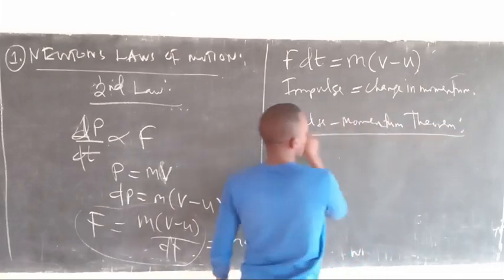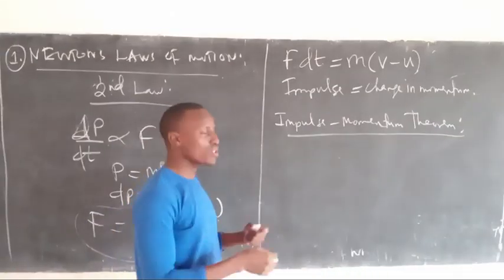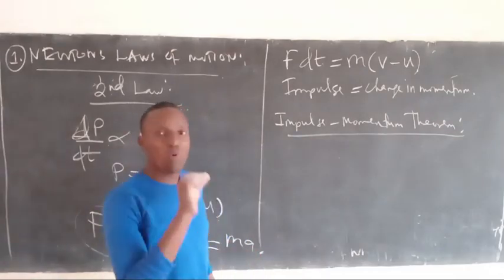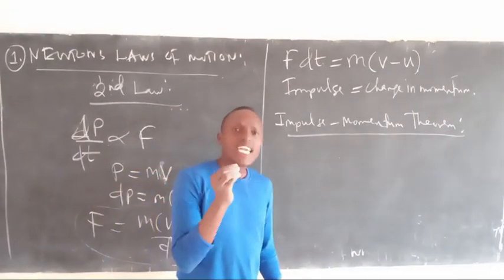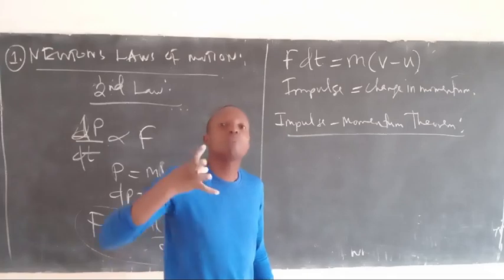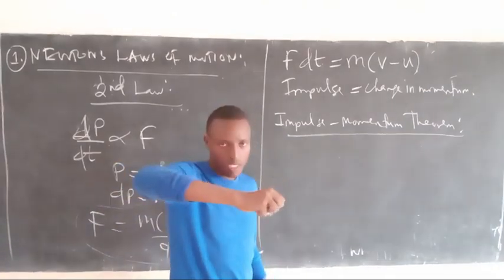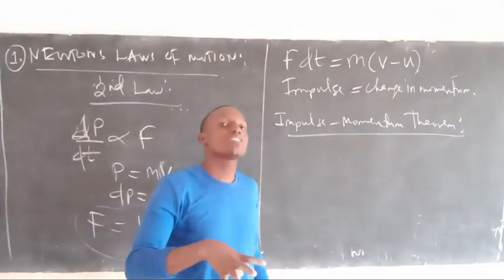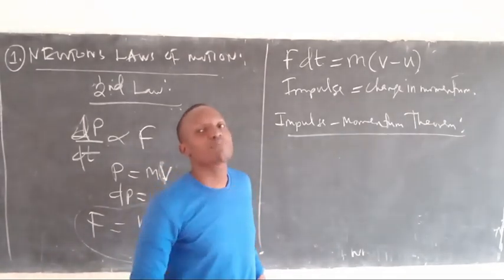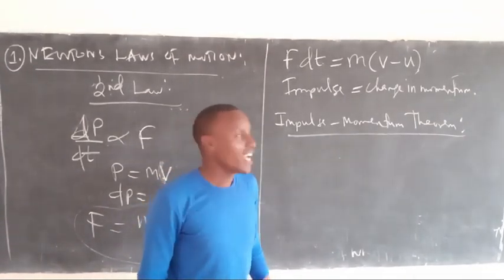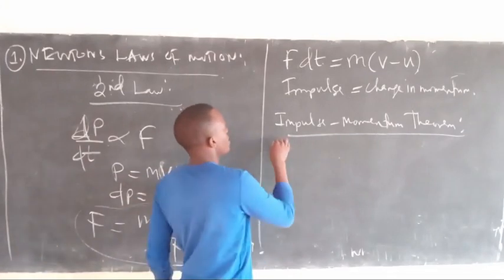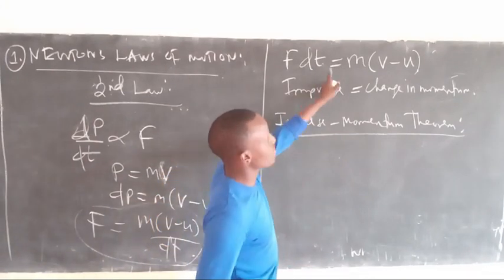What is this theorem talking about? The theorem states that whenever you want to use a short time, you need to use the maximum force. And whenever you want to use a long time, just use a small force. So actually, it's the result of this one.